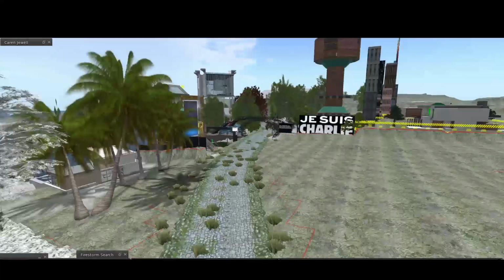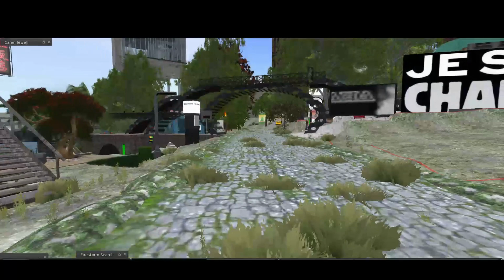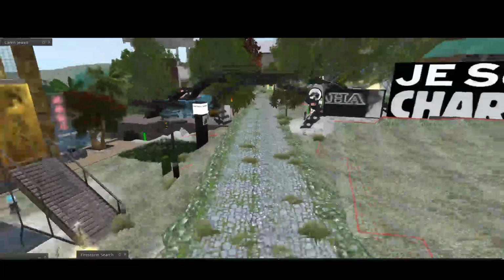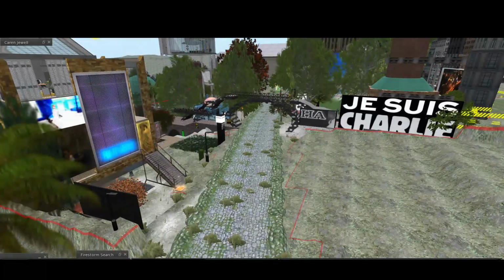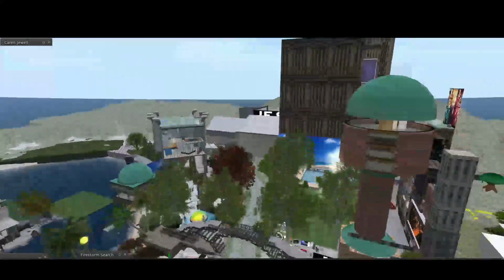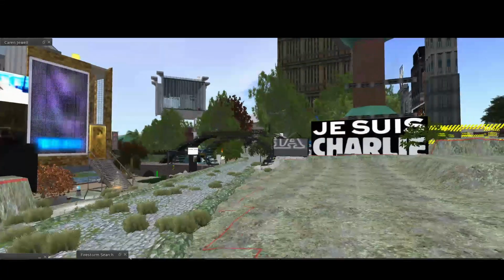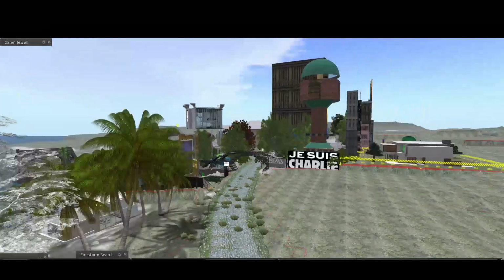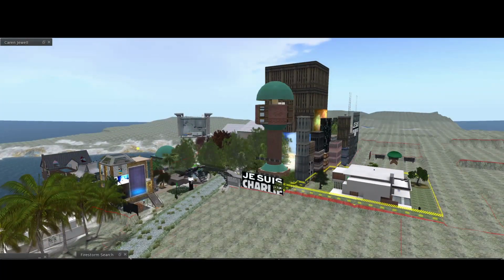This reminds me somewhat of where I used to live, off of Route 2 over there, which I really liked. Anyway, but this land is truly for sale.